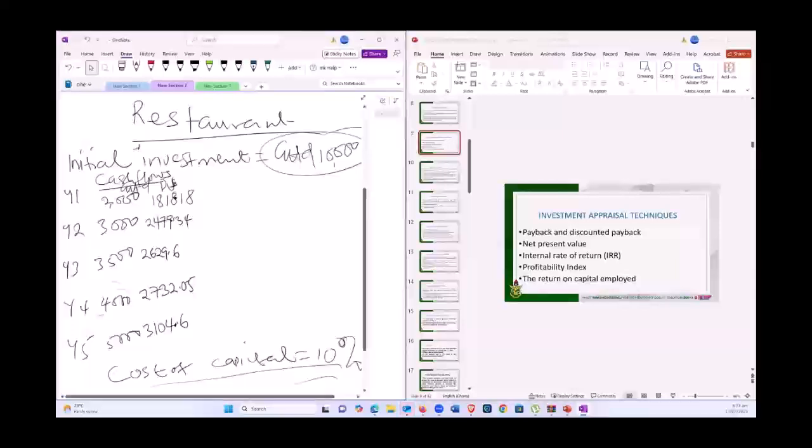Prof, please, for year 3, I'm getting 2631.58. No, it is 2629. Calculators are different.